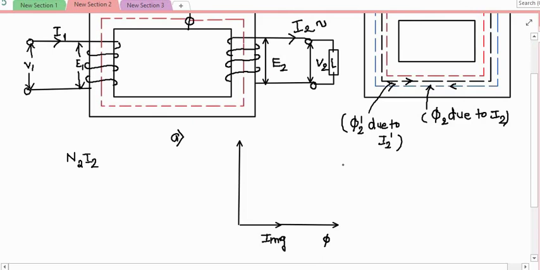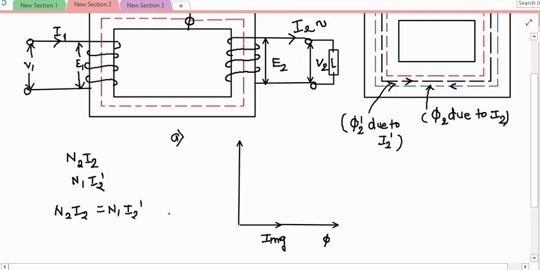So the demagnetizing effect of this current is nearly neutralized by the primary MMF, which equals N1 I2 dash. So I can write N2 I2 equals N1 I2 dash. What is I2 dash?